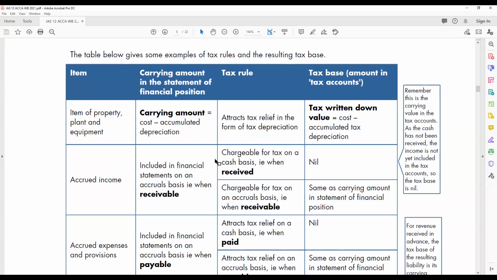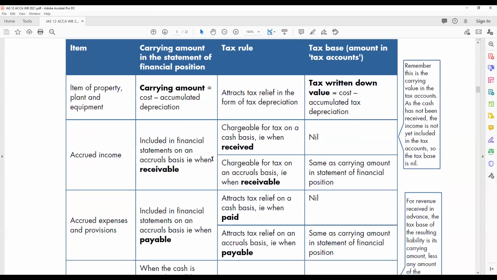Can you see the PDF file? Can you see this table? Yes, sir. Very good. All right.